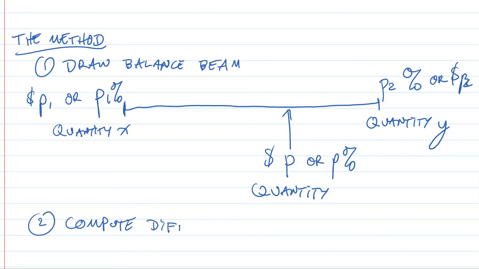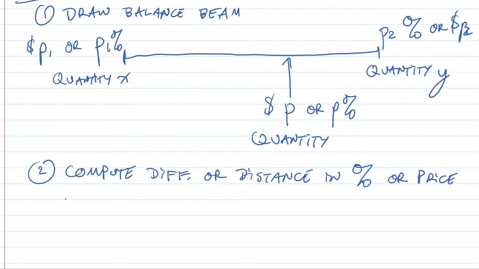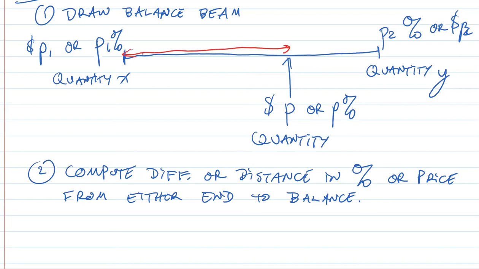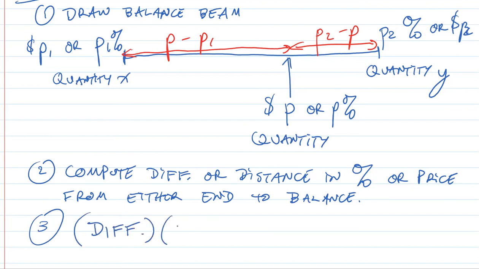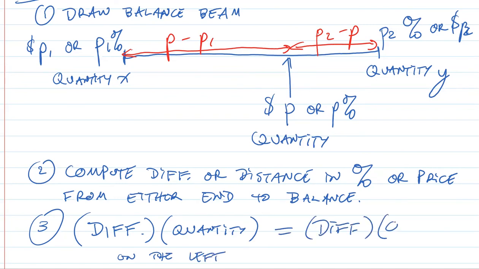Number 2, compute the difference or distance in percent or price from either end to the balance. So I compute this difference, so it's P minus P1 here. And I compute this distance, which is P2 minus P. And number 3, the difference times quantity on the left must equal the difference times the quantity on the right.